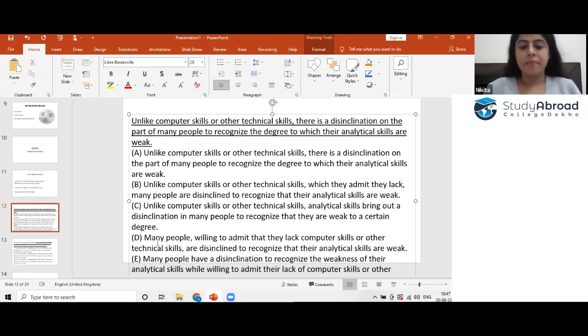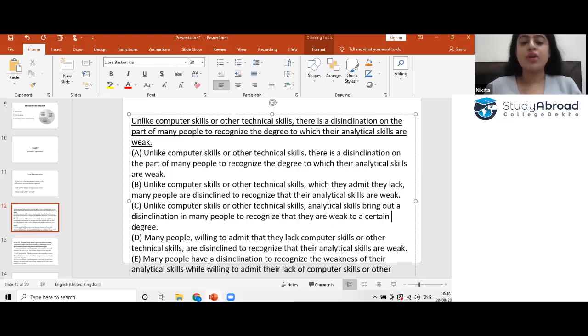In D, it says many people willing to admit that they lack computer skills or other technical skills are disinclined to recognize that their analytical skills are weak. And in E, many people have a disinclination to recognize the weakness of their analytical skills while willing to admit their lack of computer skills or other. So at least for now, once you have read the options, you know where the changes are coming up.